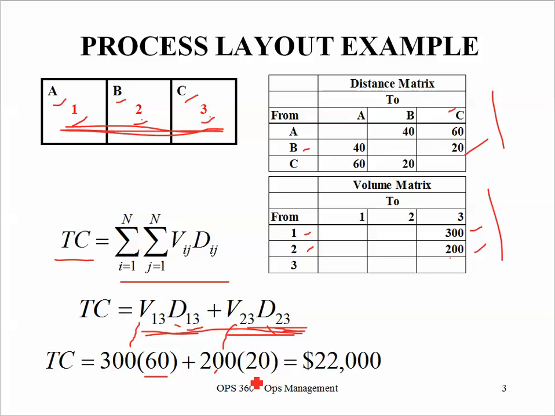And that's what I write down here. So costing this out, I get 300 times 60 plus 200 times 20. That equals 22 grand, or $22,000. I probably really shouldn't have this dollar sign here. Sorry about that, those are footloads, not dollars. So that's 22,000 footloads per day, the total cost of that layout.